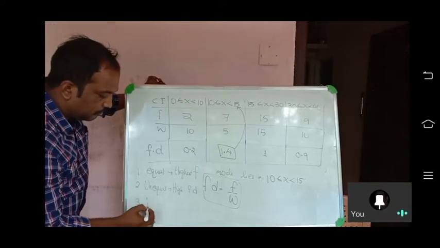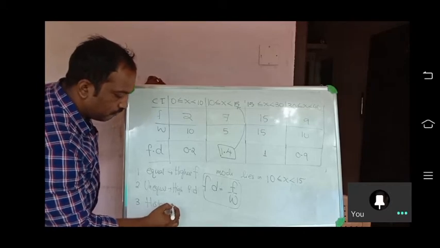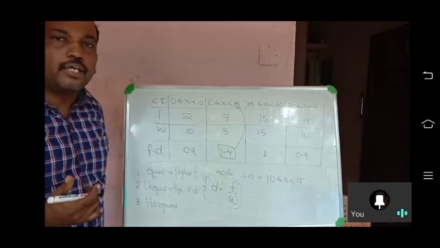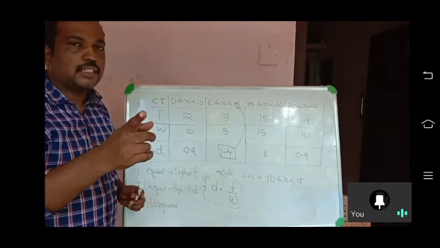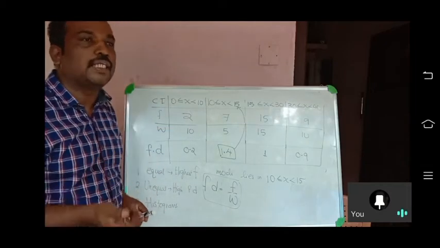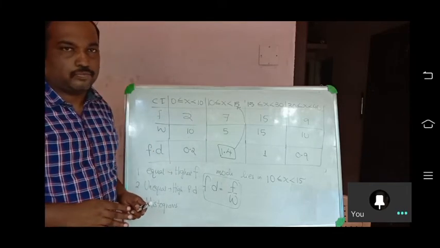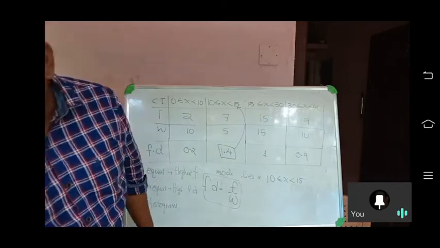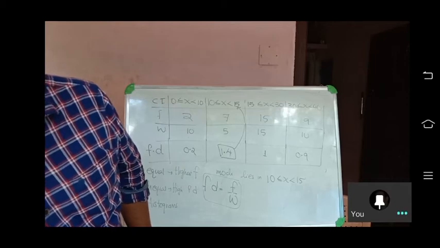And the third point is that histograms are used to find the modal class, like the cumulative frequency curve or ogive is used to find the median. Okay, so these are the main areas you need to look after.